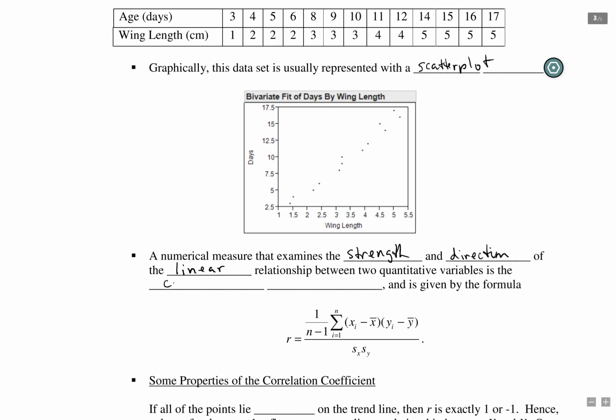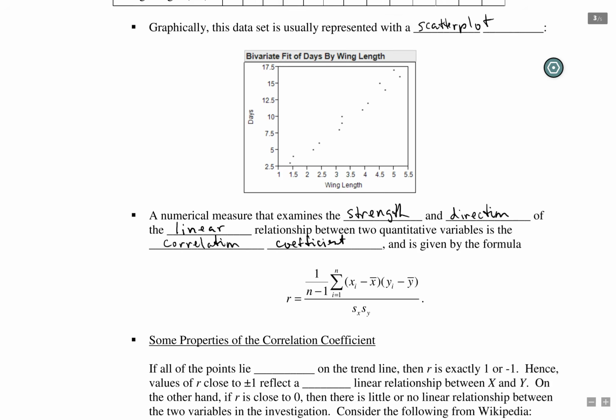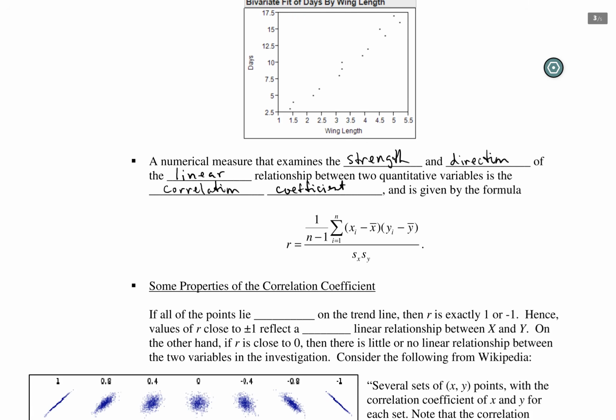Again, that's called the correlation coefficient. Here's the formula. R is the designation for it. We think of this usually as a sample correlation. There is such a thing as a population correlation, which we might address later in the semester.